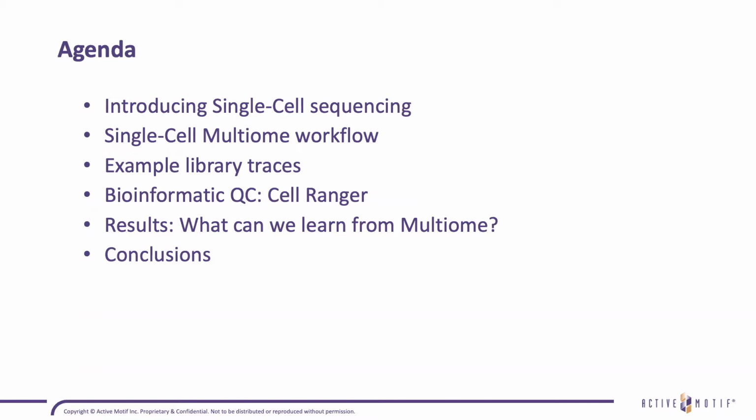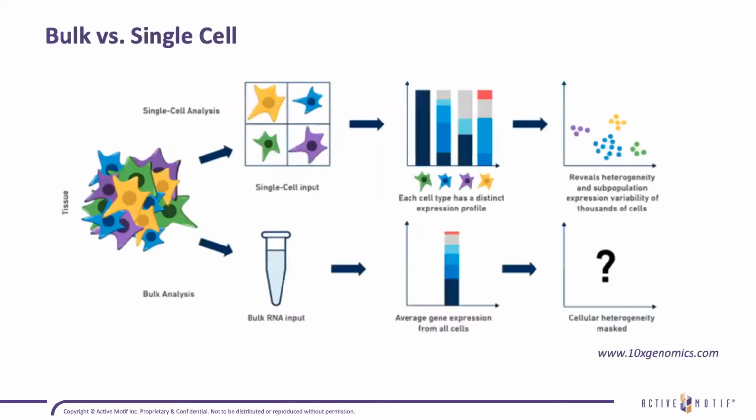Okay, so starting off, introducing single-cell sequencing. Traditionally, gene expression profiles have been presented as an average of the input population. This is what is referred to as bulk sequencing.